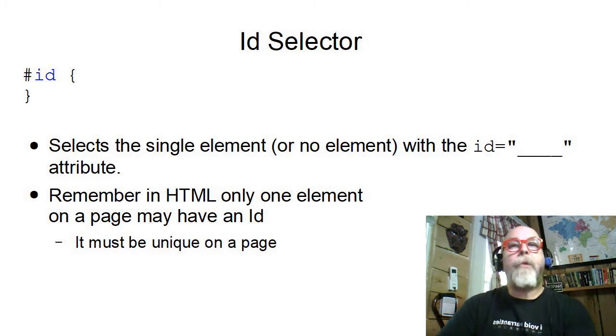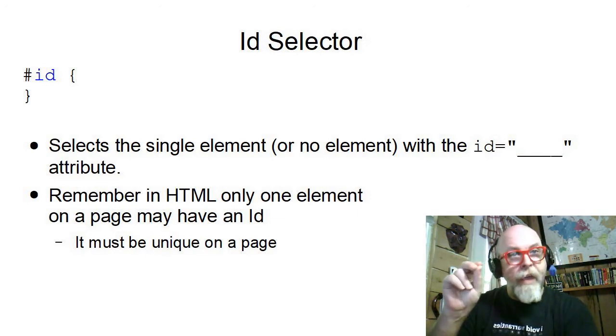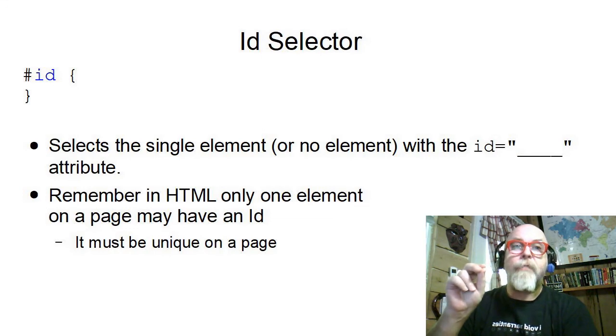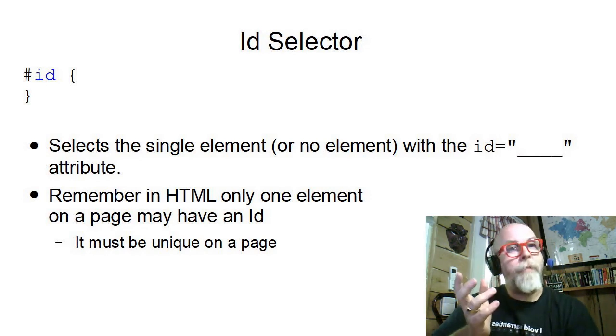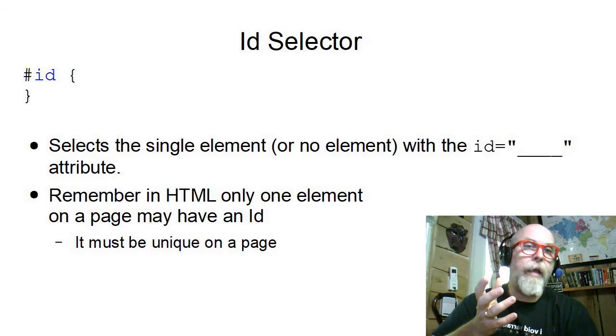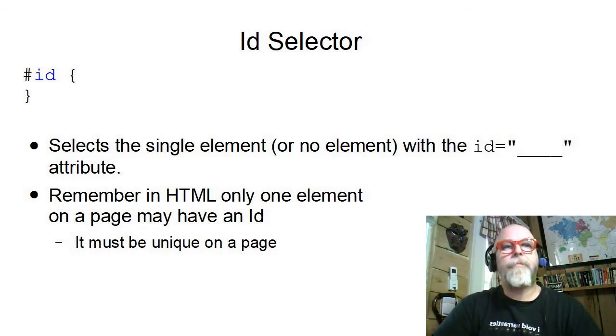So remember, only one HTML element in a page can have an ID, and this will let you zero in on that one element if it exists. Remember that your style sheet can be used for several different web pages. So you may have a style for an ID that you use on one page, but if that style is applied to another page that doesn't have that ID, it would be ignored.